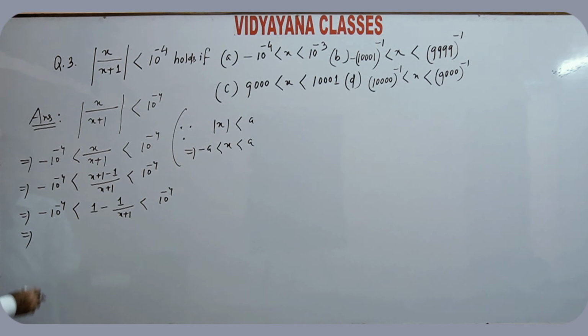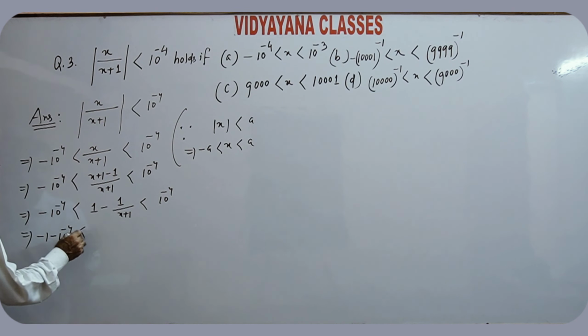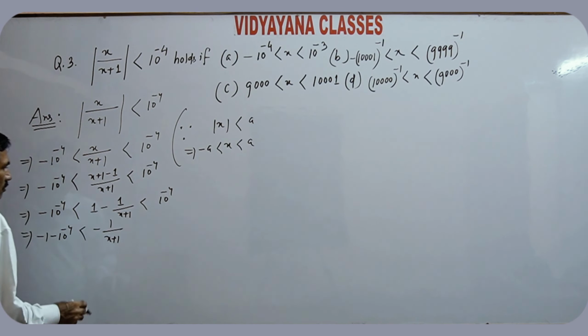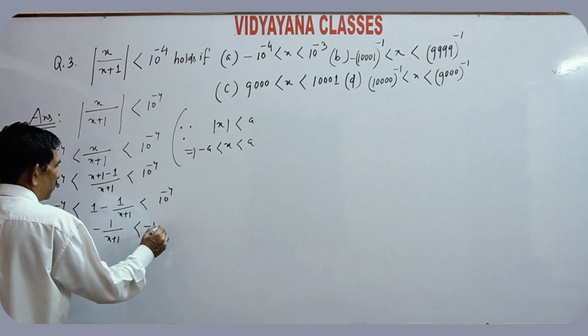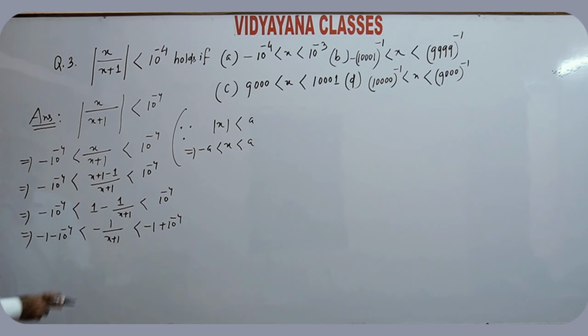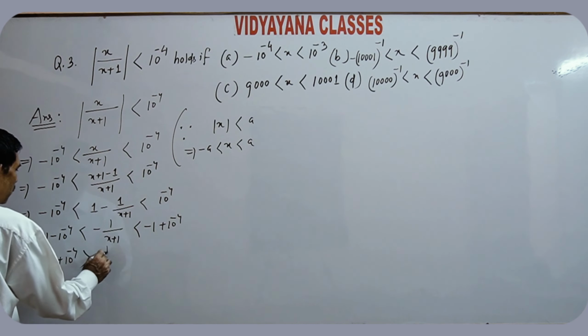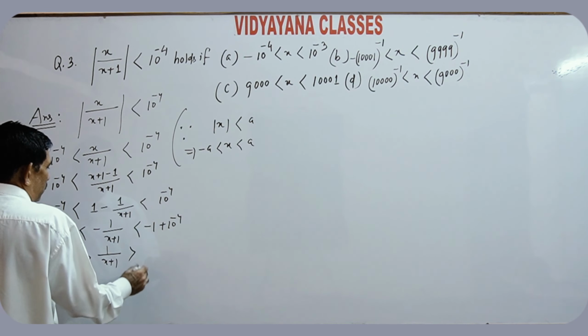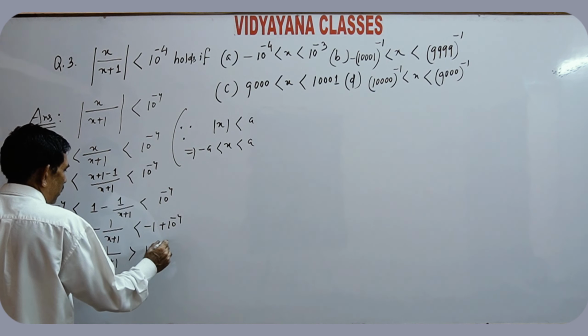Adding minus 1 everywhere, it gives minus 1 minus 10 to the power minus 4 less than minus 1 divided by x plus 1 less than minus 1 plus 10 to the power minus 4. Multiplying by minus 1 everywhere, it gives 1 plus 10 to the power minus 4 greater than 1 divided by x plus 1 greater than 1 minus 10 to the power minus 4.